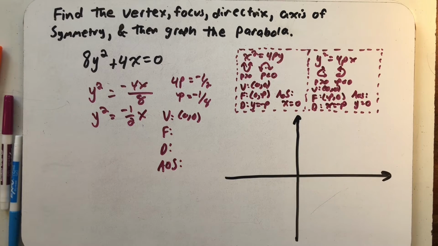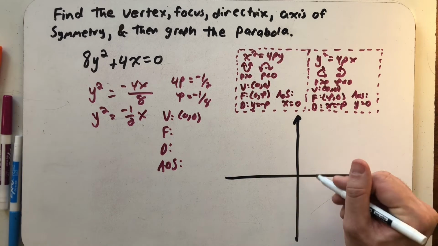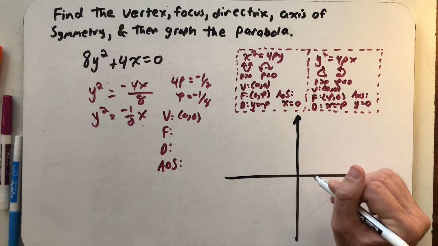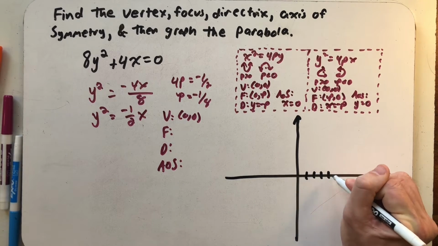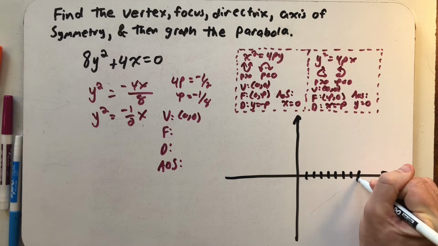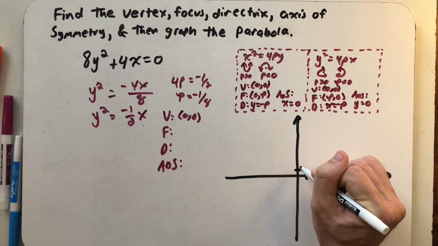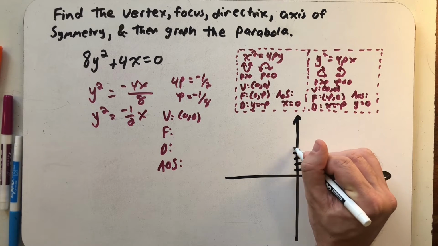My p value is minus 1/8, which means my focus is only 1/8 of a unit away from the vertex. And so I'm just going to count by 1/8 until I get out to 1. And that should give me a scale that's appropriate for the problem.